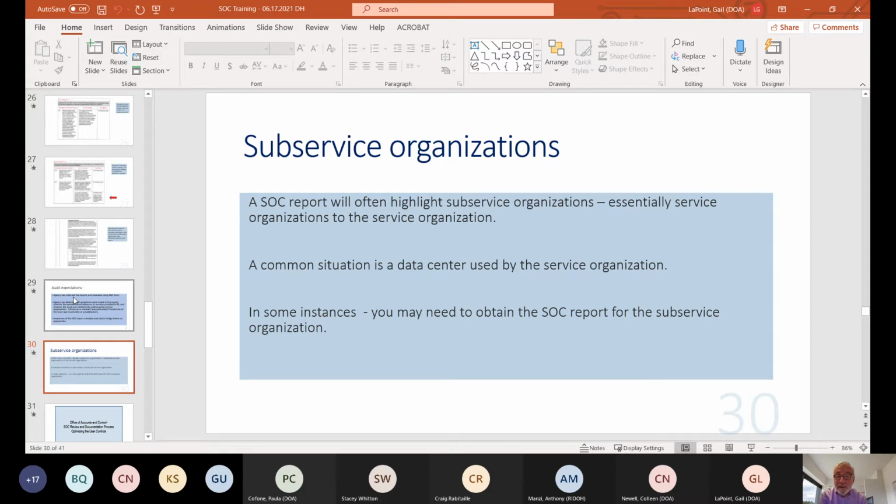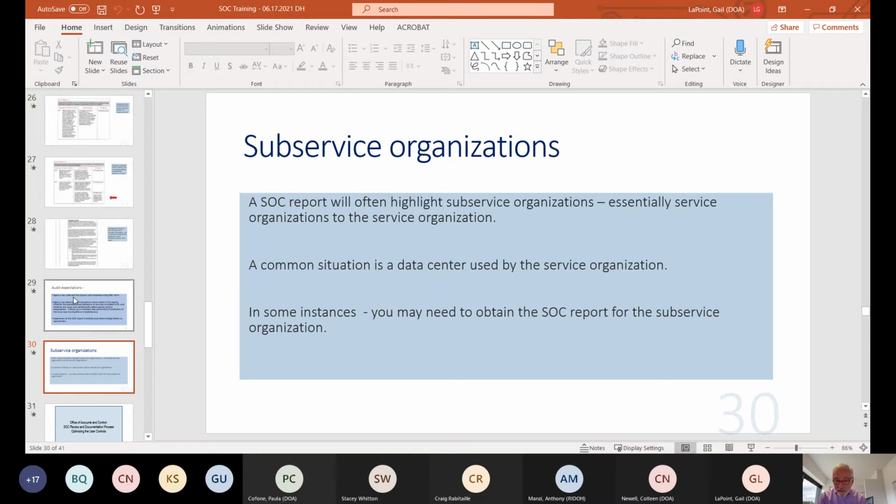So we definitely believe that the state should get a copy of that SOC report for the subservice organization, and we're interested in that as well. So if you see those highlighted as subservice organizations, document that you've considered whether other SOC reports exist or whether you think they're relevant to your objectives as well.